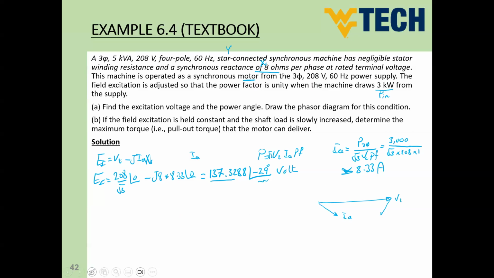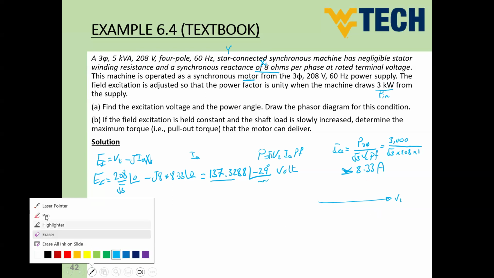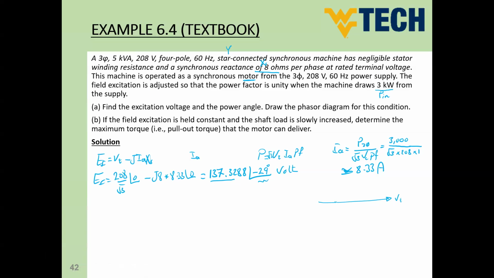Let me correct that. So we have here unity power factor case. So the minus 29 is the excitation angle, not the current angle. So Ia is in phase. So jIa is in this direction, minus j is going to be to the bottom side. So this is minus jIaXs. So the resultant vector here is going to be our excitation volt. And this is the power angle, which is minus 29 degrees.